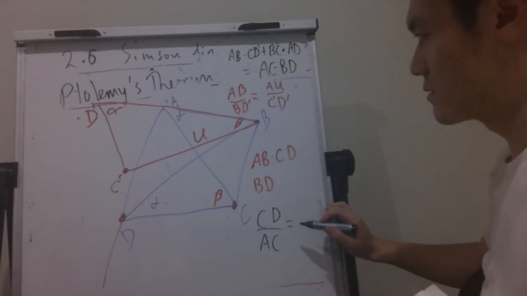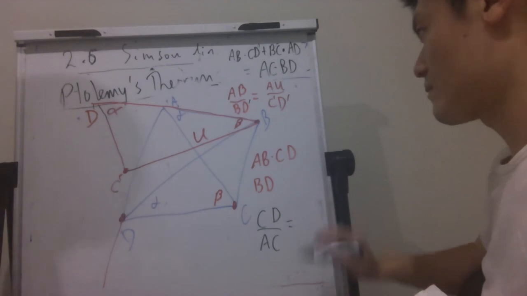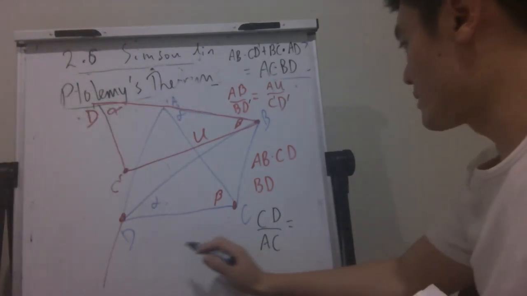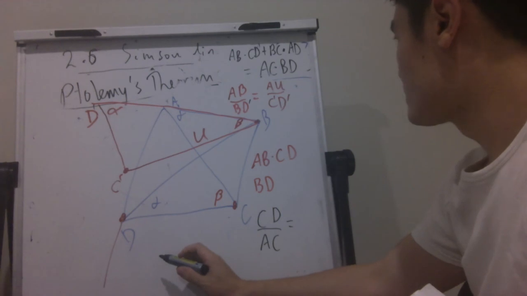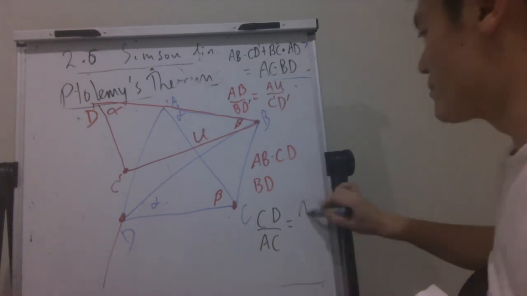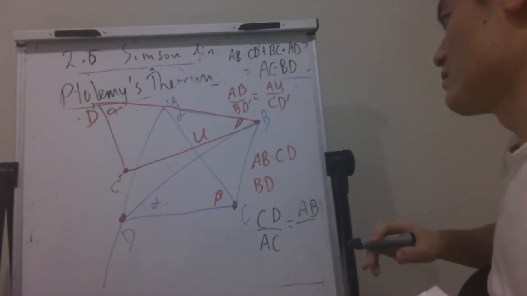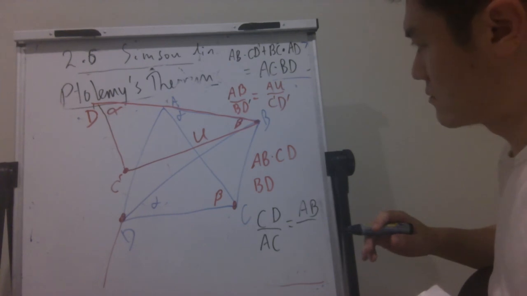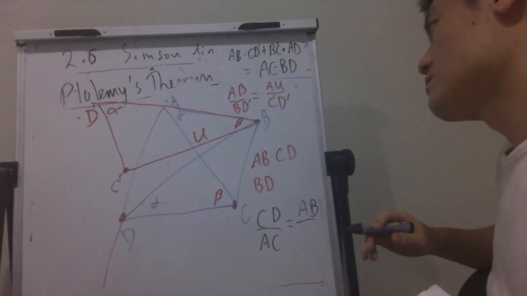Wait, we still want to be using the U though, because we need the BD part. So we end up getting something like CD times A. So this should be AB on something like this.